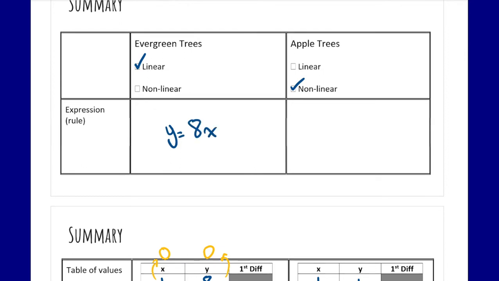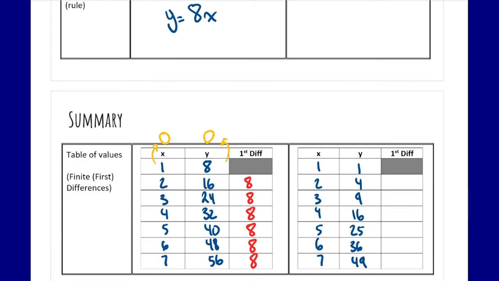8 is my multiplier, which I found by seeing what the change is, which we can also call the first differences. So if I know what my y values are changing by, from 8 to 16, that's a change of 8. From 16 to 24, that's a change of 8. This change is also called the first differences.